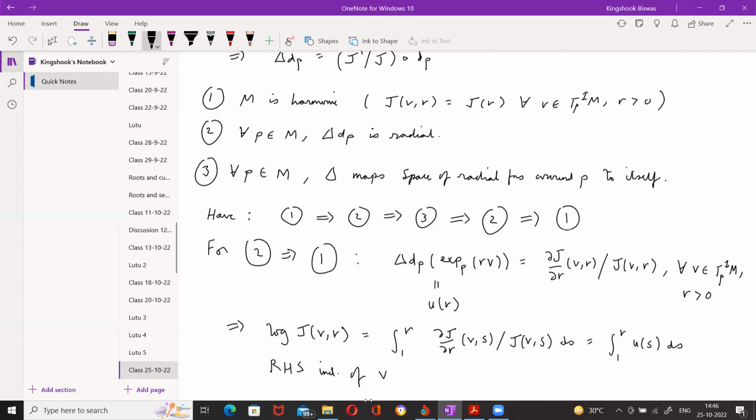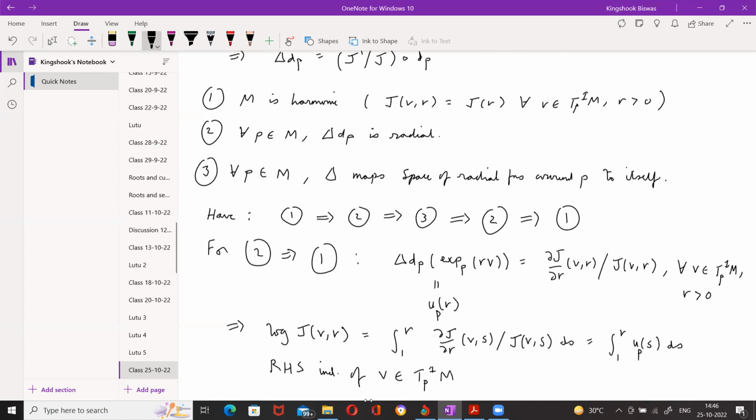There's one small point which actually needs to be clarified, but I've read this, I have to check this out. See, this function of r, a priori this depends on p. So what I will get here is that this is independent of v in the unit tangent space at p.